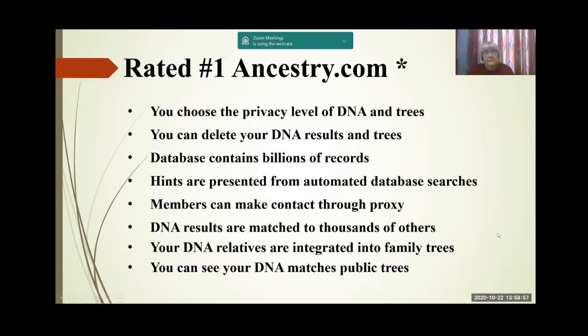DNA results are matched to thousands of others, and I'll show you in an upcoming slide how many thousands of people are matched to my DNA results. The nice thing is you can look at your DNA matches' family trees.